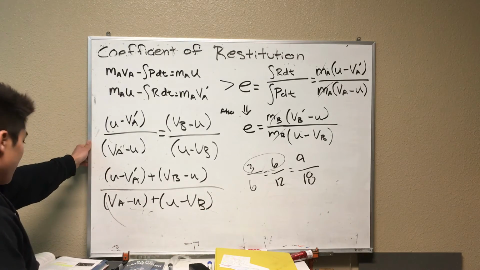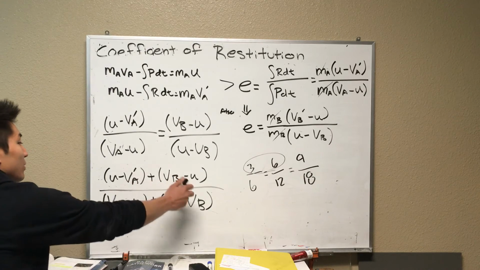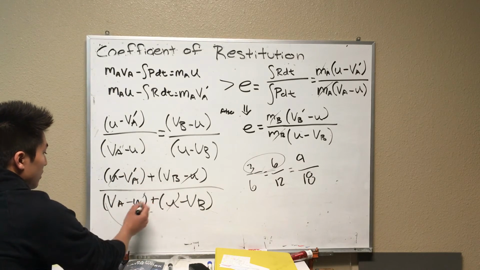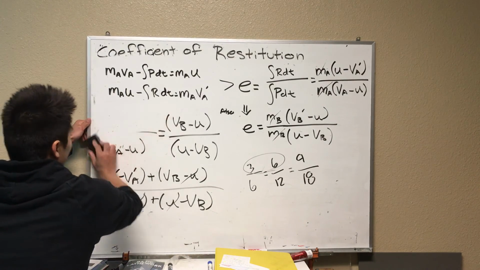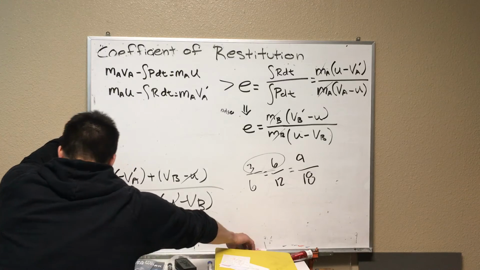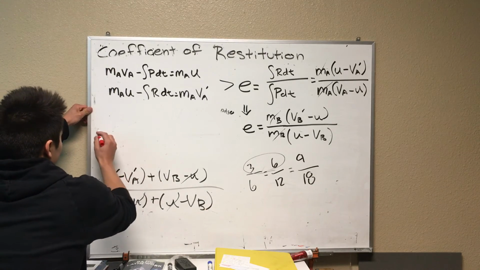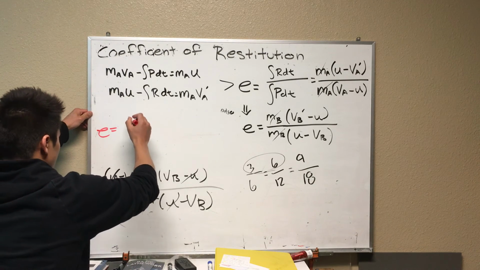And then if we simplify this, and it wouldn't be too difficult, you'll find out that the u and the u cancel, and then the u and the u cancel, and then finally we'll come up with our answer equation where e would equal, so we could kind of rearrange this.